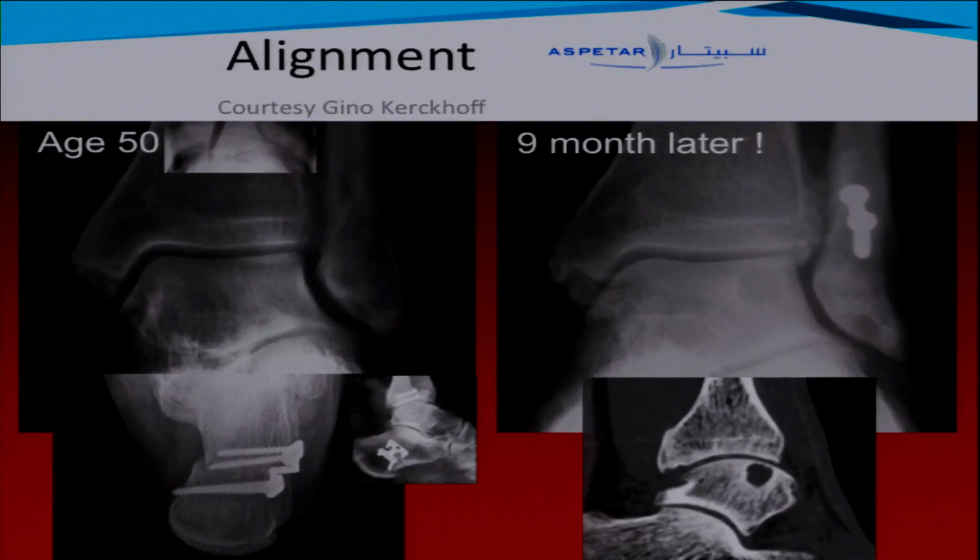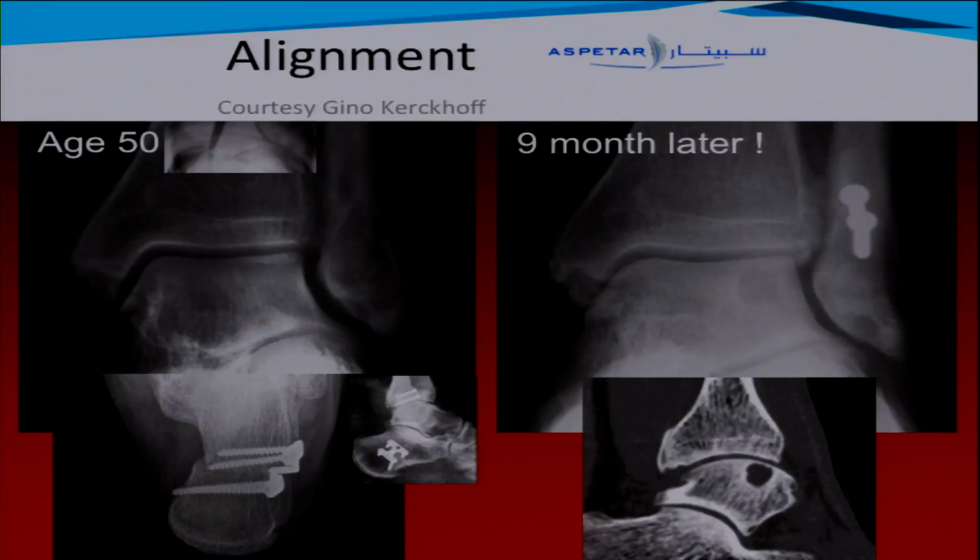So this is a picture that shows it all. It's from a friend of mine, Gino Kerkhoff. This was a colleague of theirs, an orthopedic surgeon in the Amsterdam hospital, 50 years old. He suffered a very stable fracture, but they discussed it and said, we will go for a percutaneous distal fibular fixation to make sure that it heals well.